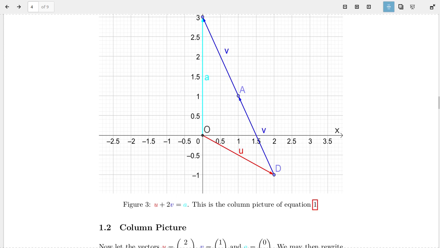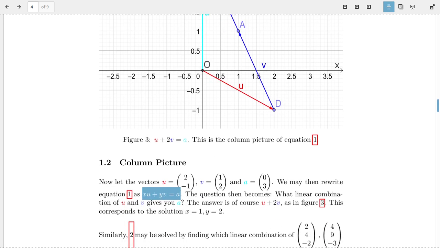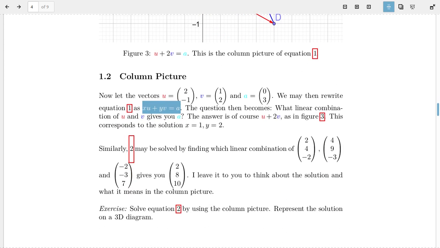This is how we look at it diagrammatically. I make another copy of v. So 1u, which is x, plus twice v, because y equals 2, gives you a. This is the column picture.